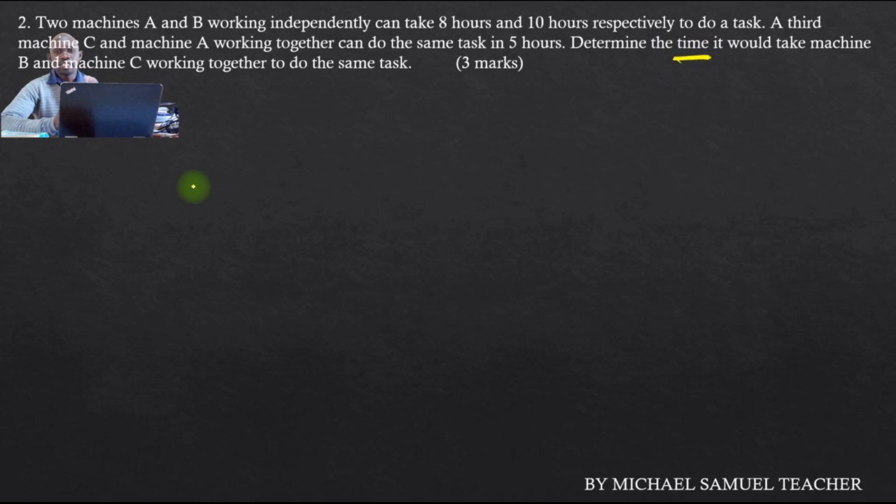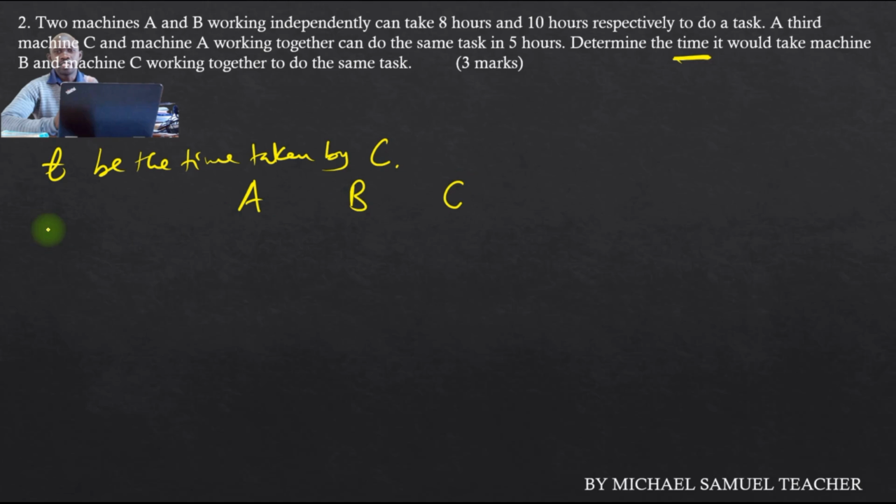So we say let T be the time taken by machine C to do the same task alone. We don't know what time machine C takes, but for A and B we know. So in our case here, we have machine A, machine B, and machine C.